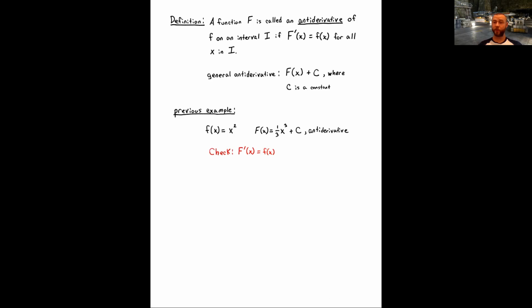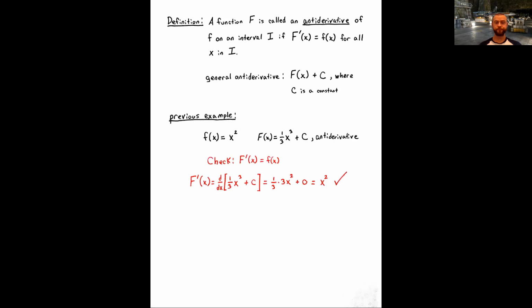So pretty much every question that we cover here has a built-in check. We'll mention that when we get to some examples. And you can see here, our antiderivative 1/3 x cubed plus c does correctly differentiate to what we want, x squared. So we have a correct antiderivative.